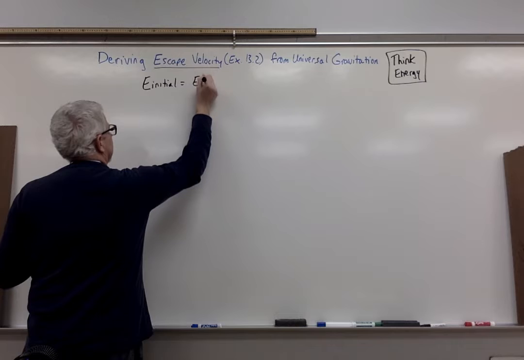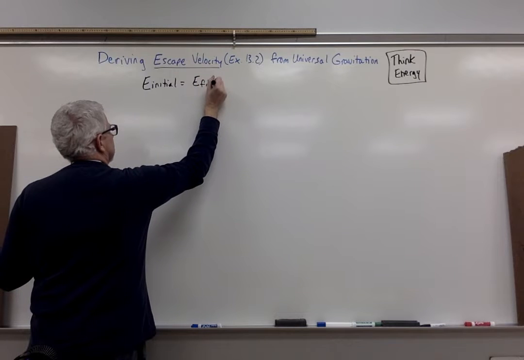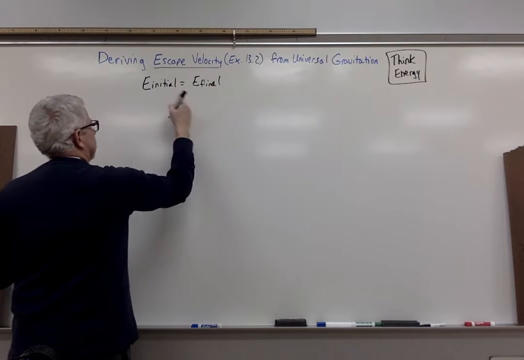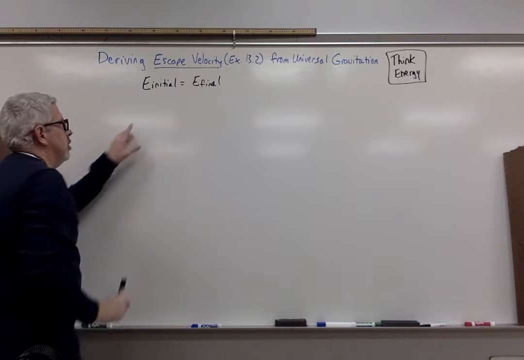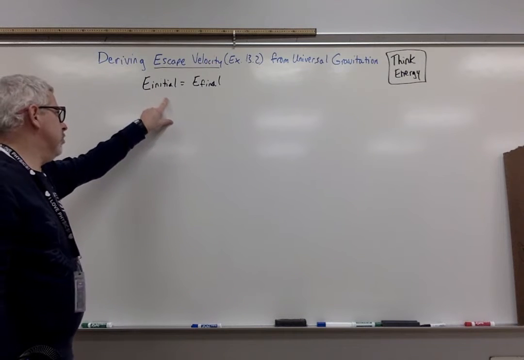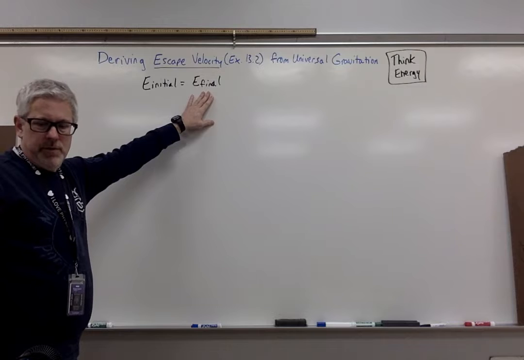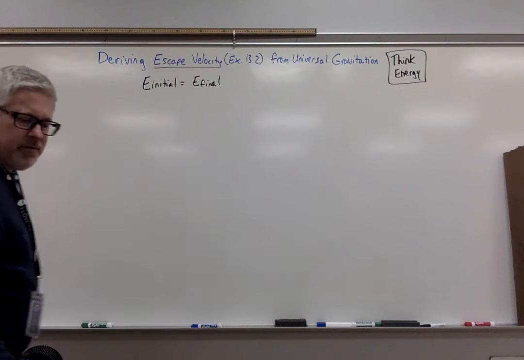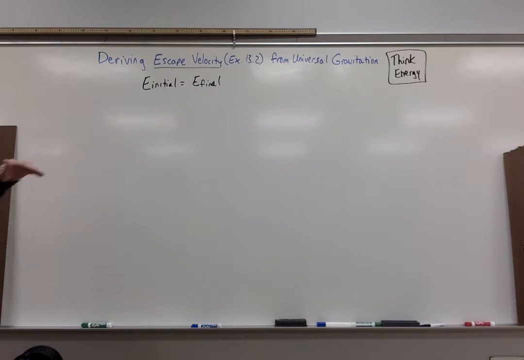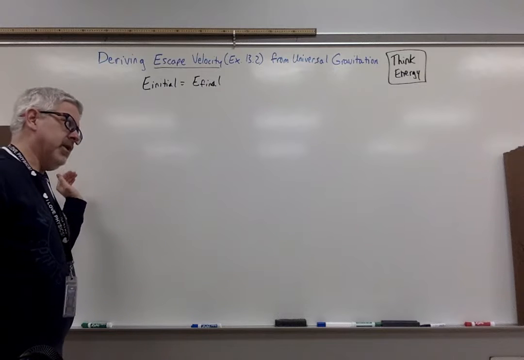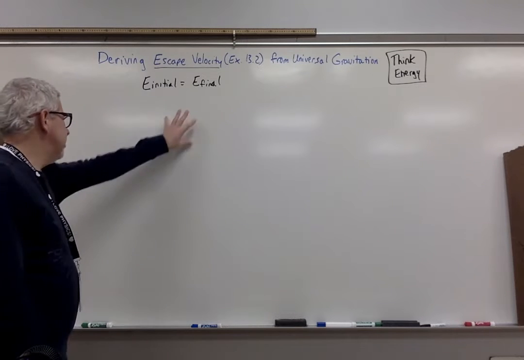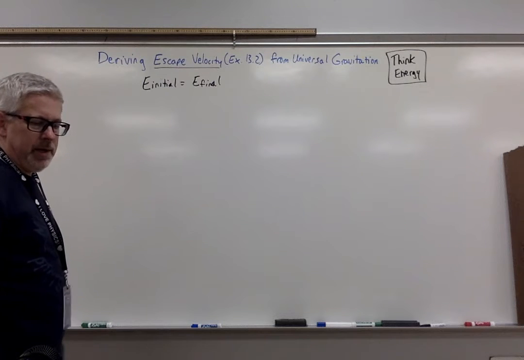equals E final. And this initial is going to be just after this is shot off the surface of the Earth or a planet, and this final is going to be once you escape the Earth's gravitational field, which technically would be an infinite distance away, but obviously it approaches infinity asymptotically, so when you get pretty far away, I guess.